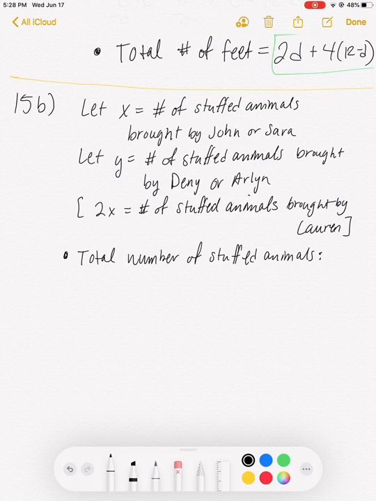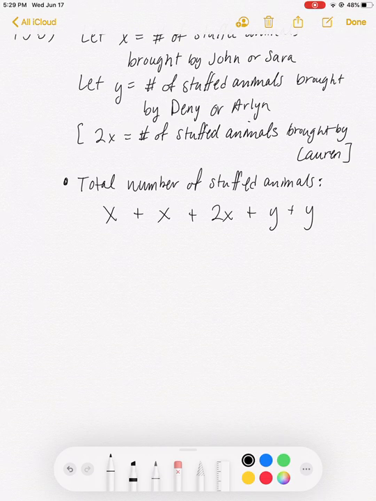Okay, so the total number is the number brought by each person. So John brought X, Sarah brought X, Lauren brought twice as many as one of them, Denny brought Y, and Arlen brought Y. Okay, so we've added them all together. We don't know the total, like in the first problem, and so there's no way we can relate X and Y together. Okay, so I'm going to go ahead and label what we have here. So this is the number John brought.